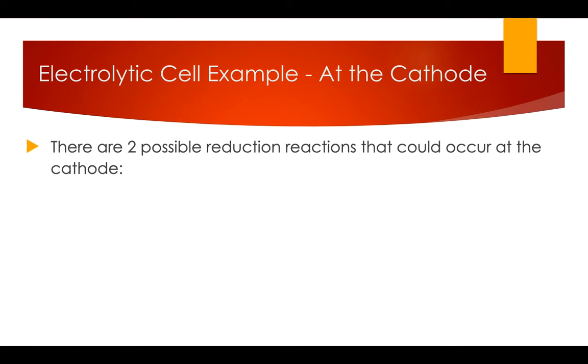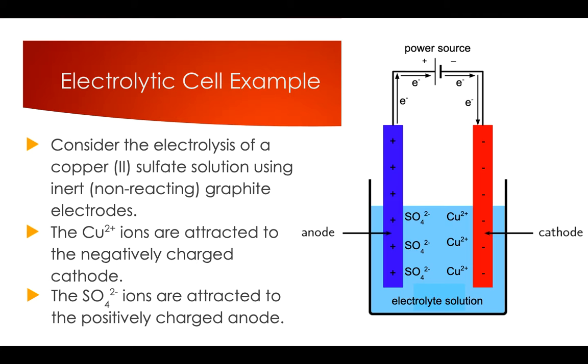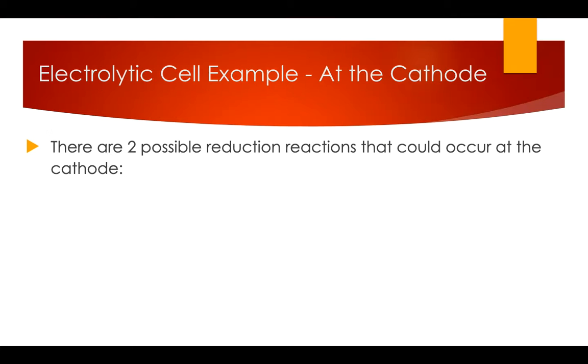If we look at each of those separately, at the cathode, where the copper ions are attracted, there are two possible reduction reactions that could occur. The copper ions could be reduced, right? They could take those electrons that are coming from the other side of the cell and be converted into solid copper. That reduction can occur.